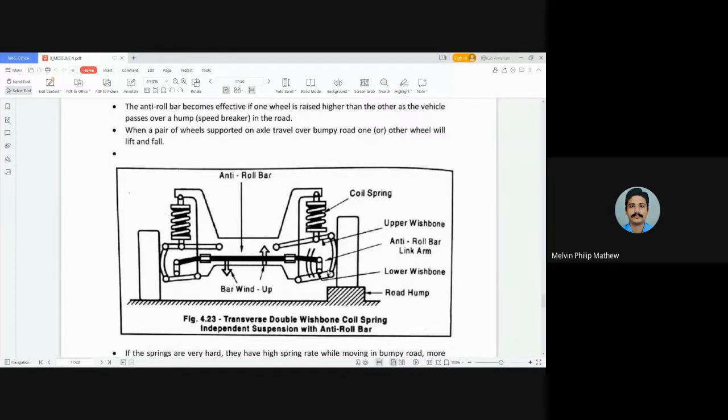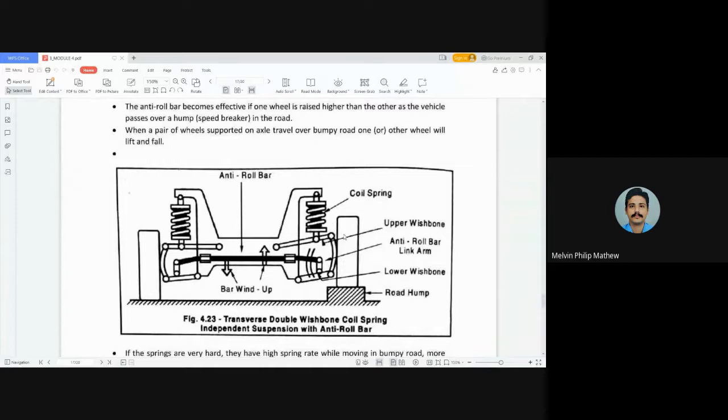In the same manner, we are showing a road hump. When we go from a level road to an off-road condition, when one of the tires goes to the ground and one tire remains on the road, the same rolling action occurs.